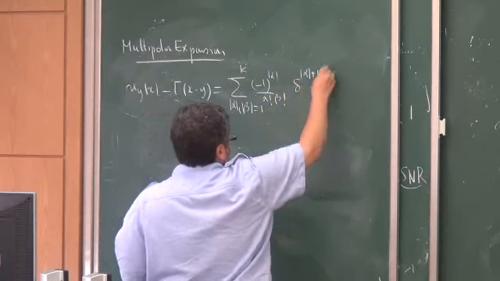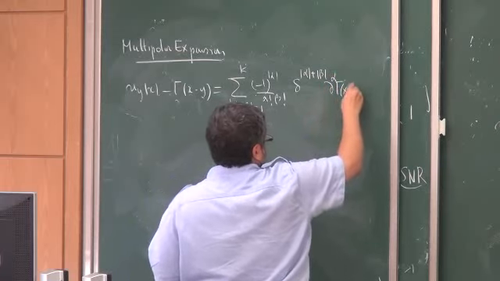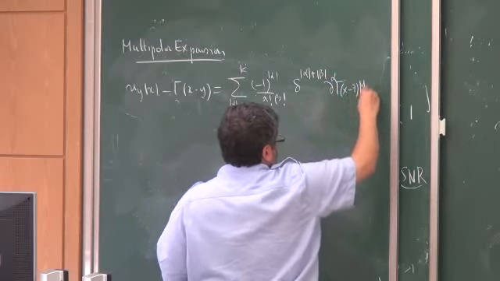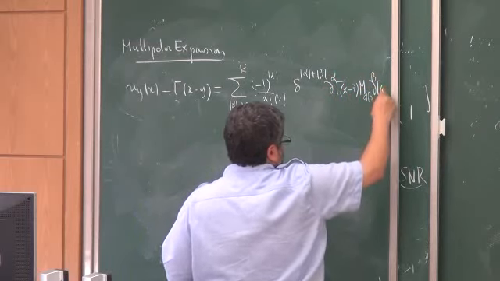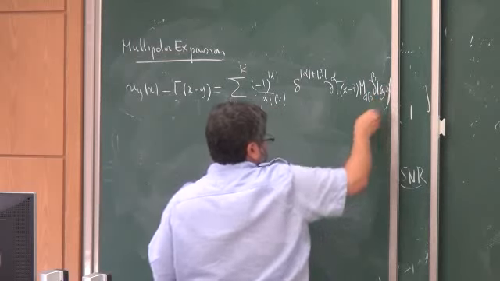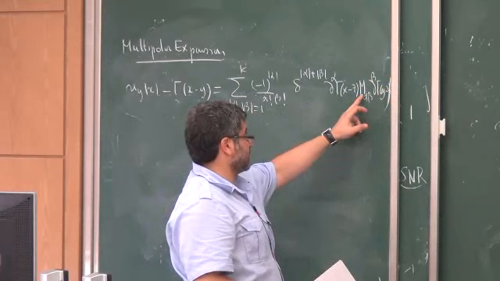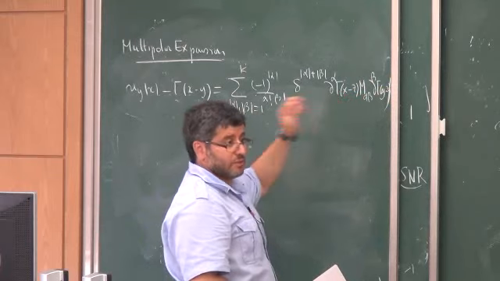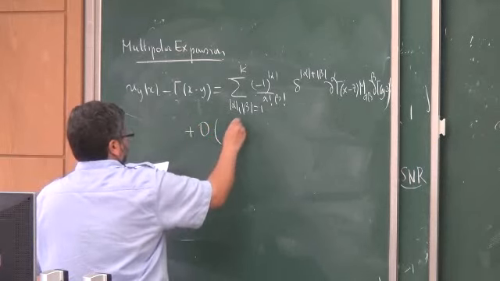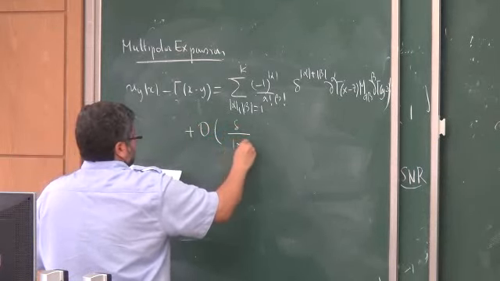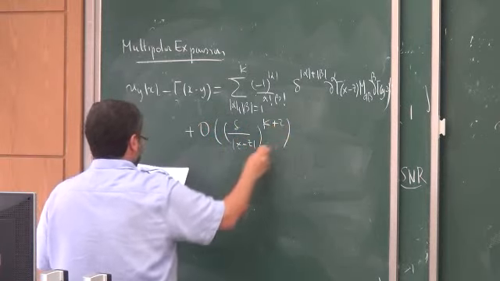Then there is the derivative d_alpha of the Green's function from x to g, M_alpha_beta, and the derivative of the Green's function from y to g, from the source to the inclusion multiplied by these tensors, and then from the inclusion to the receiver, plus O of delta to the power k plus 2. Okay.